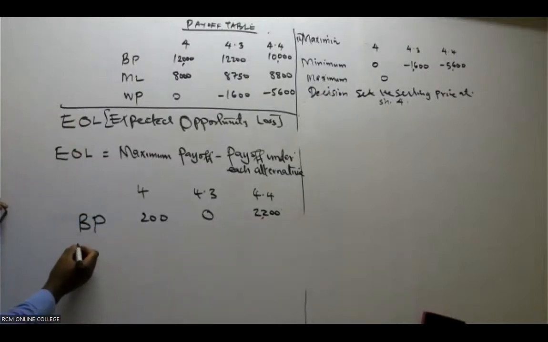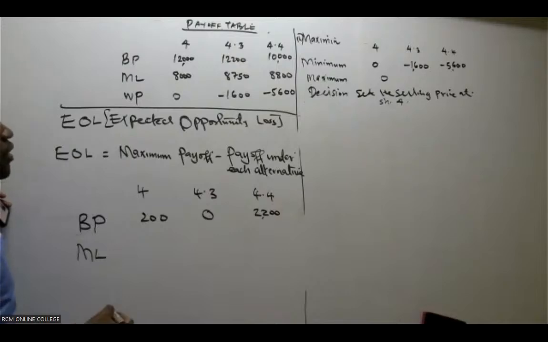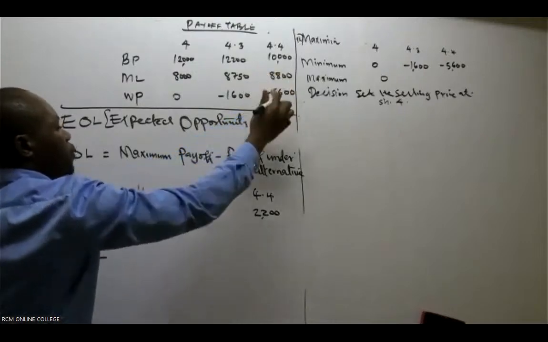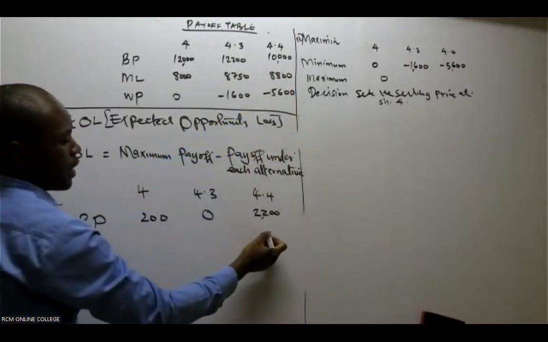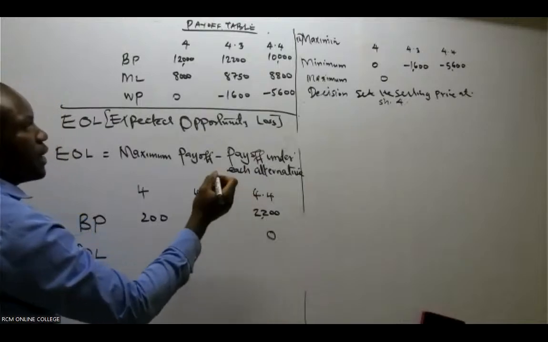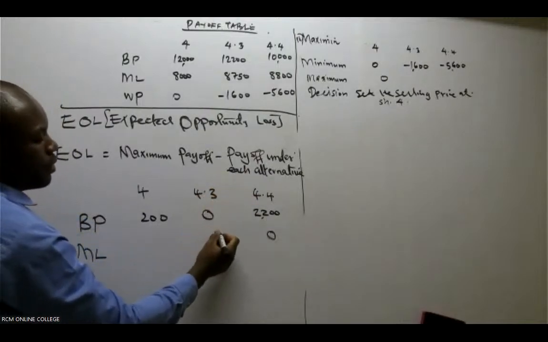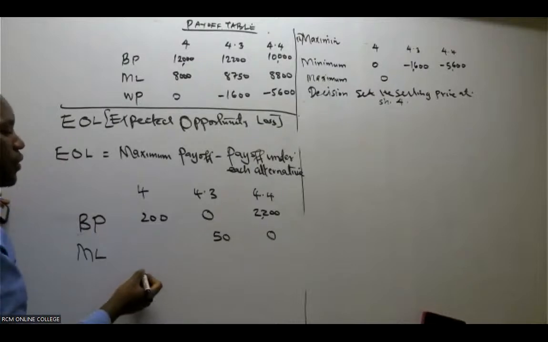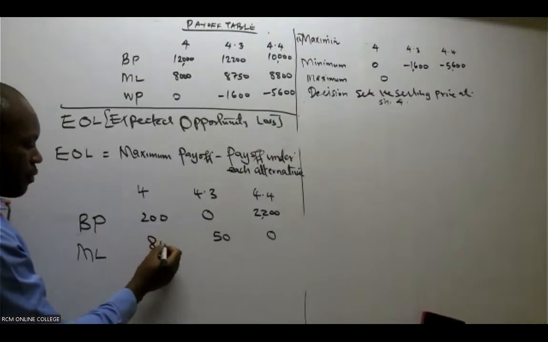We go to most likely. The highest here is 8,800. So 8,800 minus 8,800 will be 0. 8,800 minus 8,750 will be 50. 8,800 minus 8,000 will be 800.